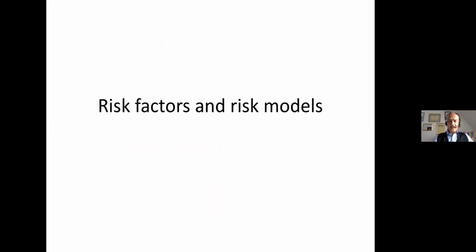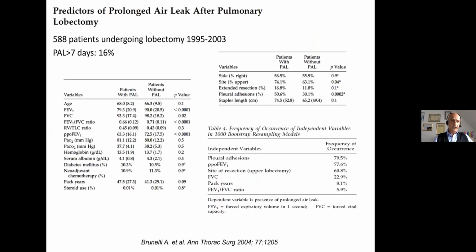It is not surprising that, being so important from a clinical and financial point of view, there have been several papers trying to isolate and identify risk factors associated with prolonged air leak. The main reason to identify risk factors is to stratify patients at increased risk and possibly adopt a preventative measure to minimize the problem.